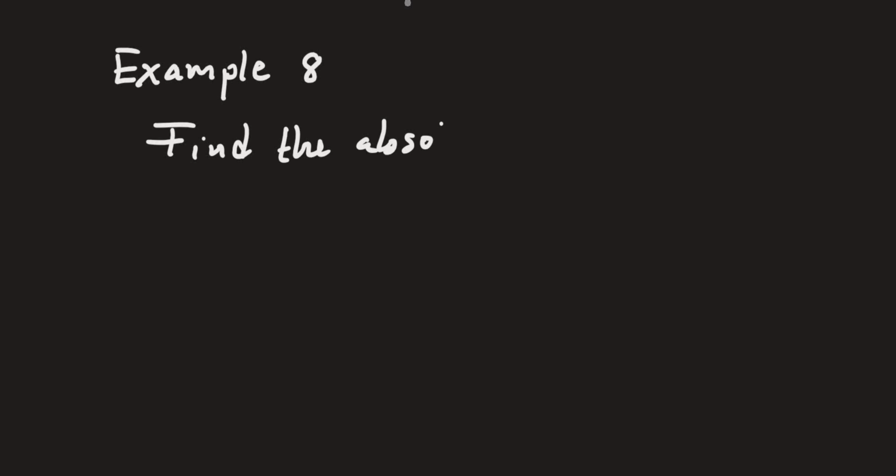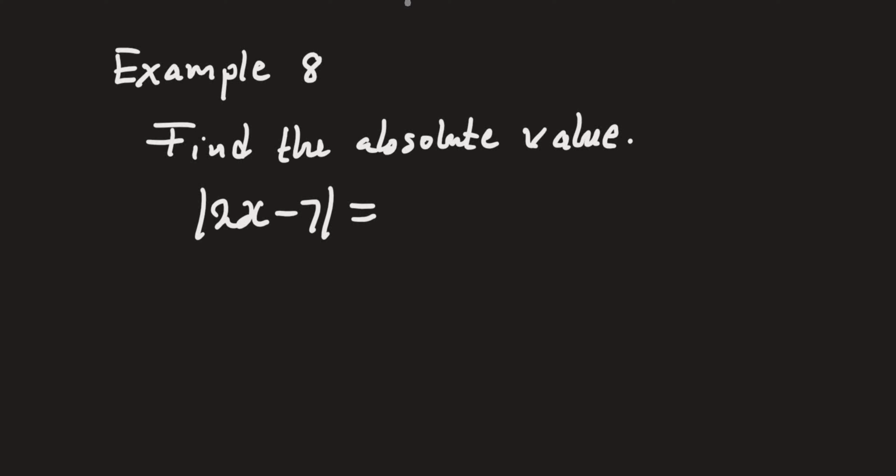Example 8. Find the absolute value. The absolute value of 2x minus 7 is equal to the absolute value of 4x plus 6.